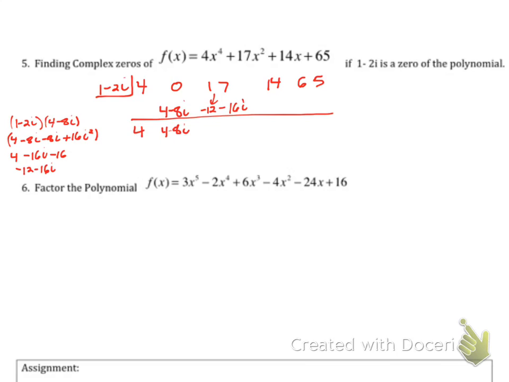When you take that final product and add it to 17, make sure you add only real numbers to real numbers and complex numbers to complex numbers. So 17 is added to negative 12 only, and you see that result here. Then again, here's another FOIL: 5 minus 16i times 1 minus 2i. Carefully multiply it out, and look for combining like terms.